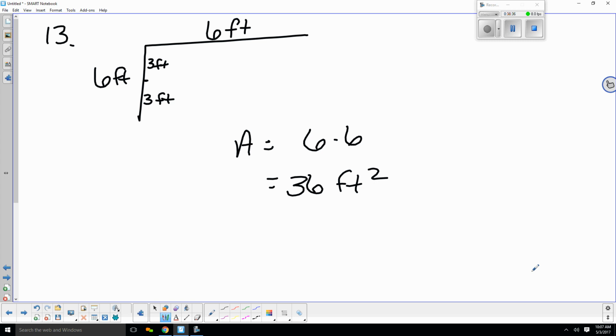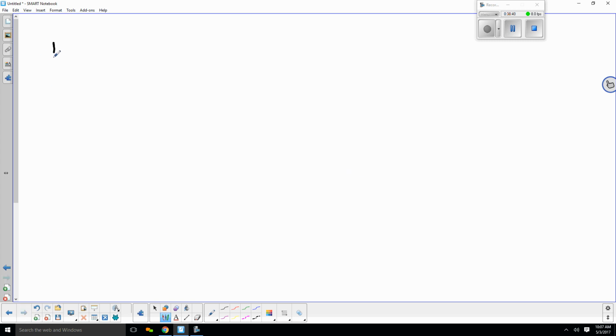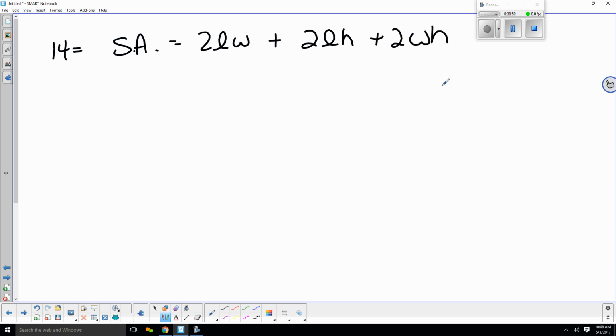That's 3 meters. What's the total surface area? Your surface area formula on your page should be SA equals 2 length times width plus 2 length times height plus 2 width times height. Well, everything is a 3, so you're just going to replace all these with 3s because it was a cube, which tells you all sides are the same.